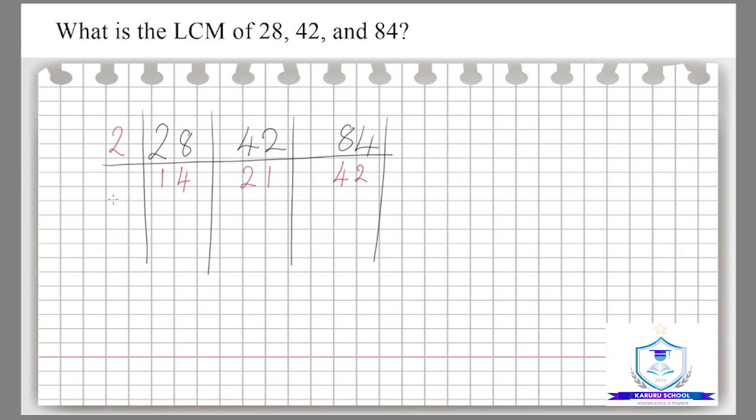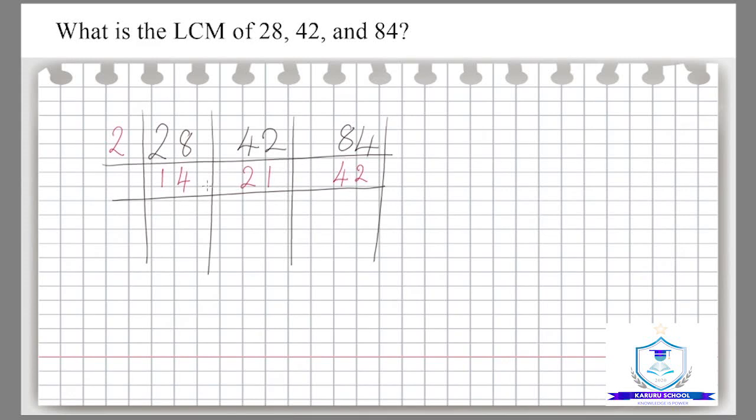Then we move on to the next row and ask ourselves which is the least number that can divide either 14, 21 and 42 without giving a remainder. So realize in this case we have 2 that can divide 14 without giving a remainder. 2 cannot divide 21 without giving a remainder. However, 2 can divide 42 without giving a remainder.